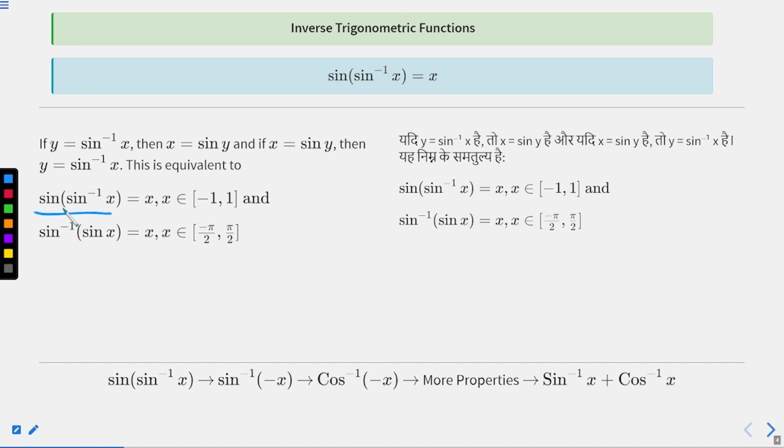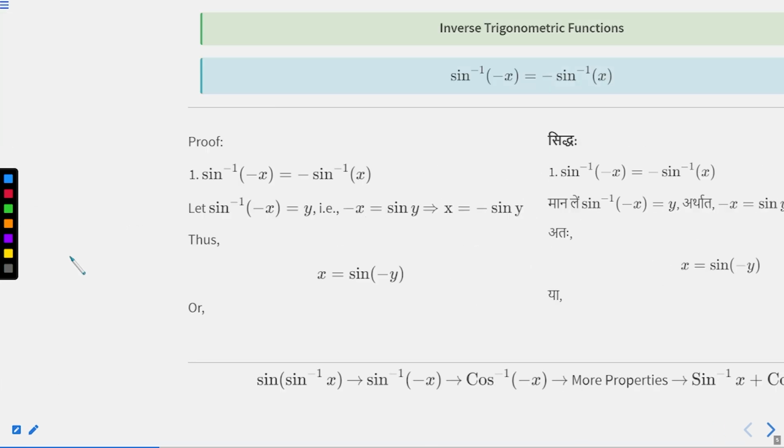So sine of sine inverse x is x only when x belongs to the closed interval -1 to 1, and sine inverse of sine x is equal to x only when x belongs to what? The closed interval -1 to 1, or the principal value of sine inverse function. Okay, so that's it.